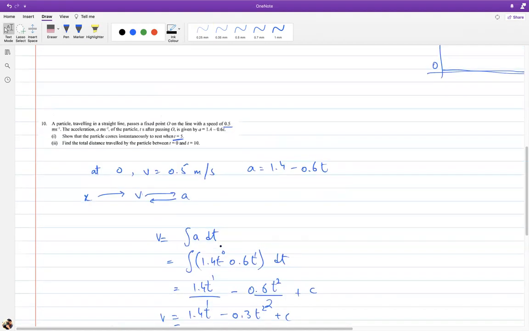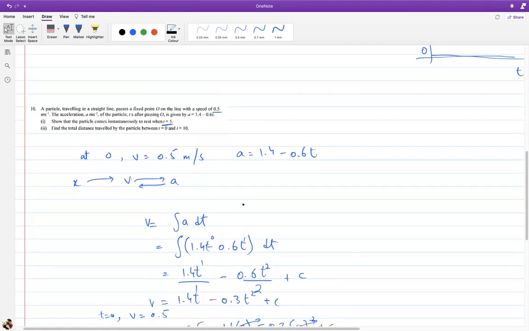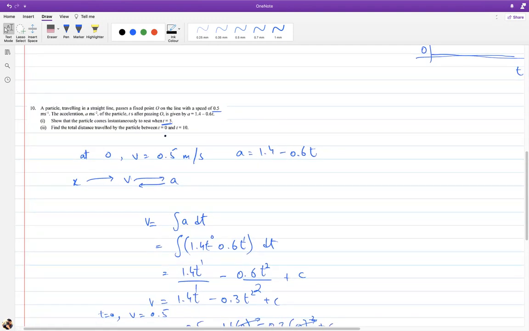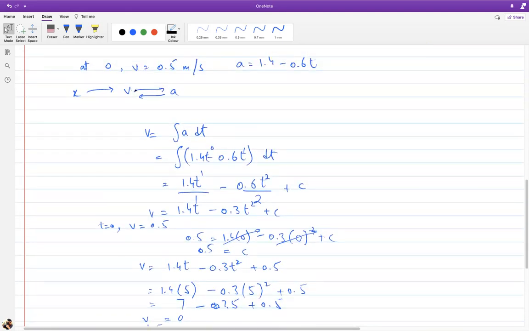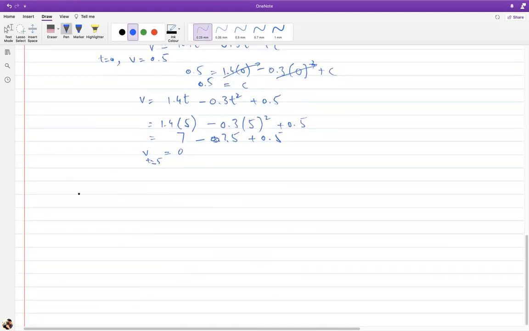All right, next part. Find the total distance traveled by the particle between t equal to 0 and t equal to 10. Now I want to find distance, and I know the relation between velocity and distance. Velocity is the derivative of distance, so distance is the integral of velocity. So we integrate velocity.